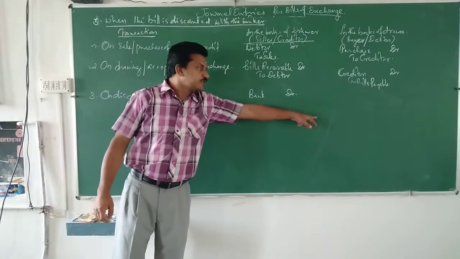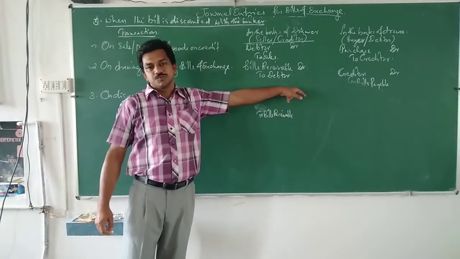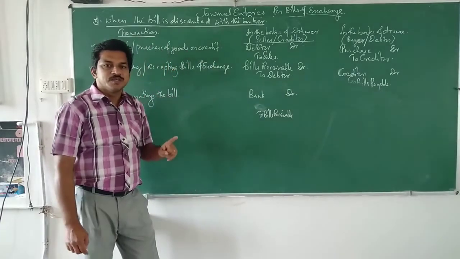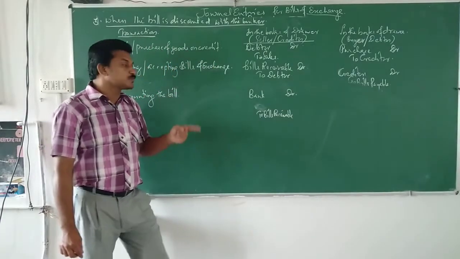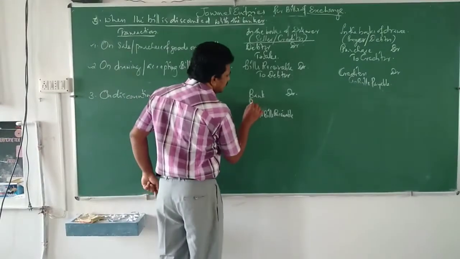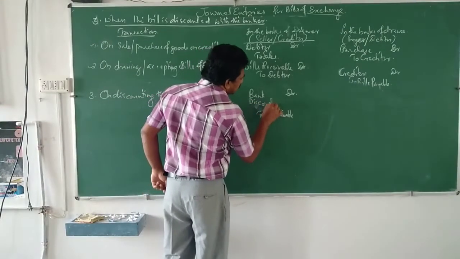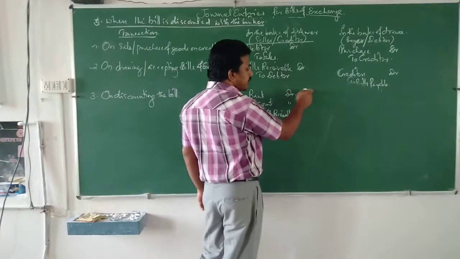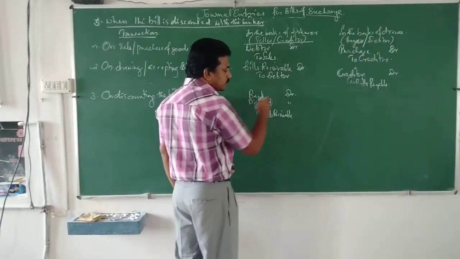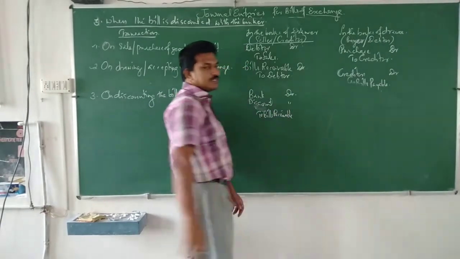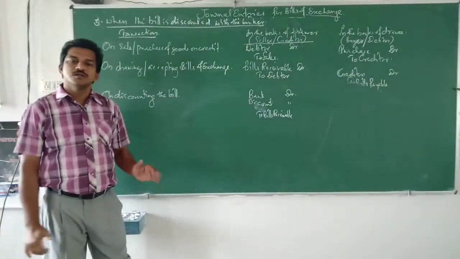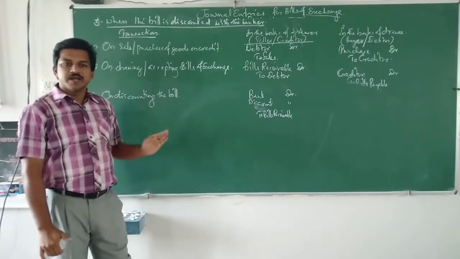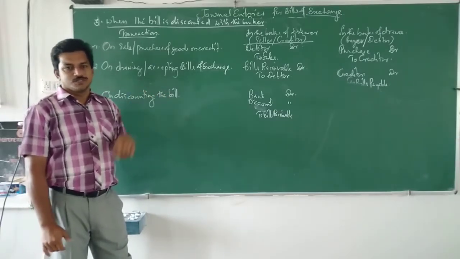Here it is 50,000 rupees, here 49,000 rupees. So 1,000 rupees difference. What is it? That is discount. Discount is an expense, so it can be debited. Discount debtor. That means bank debtor 49,000, discount debtor 1,000, to bills receivable 50,000, if the bill is for 50,000 rupees. So this is the journal entry: bank debtor, discount debtor to bills receivable.